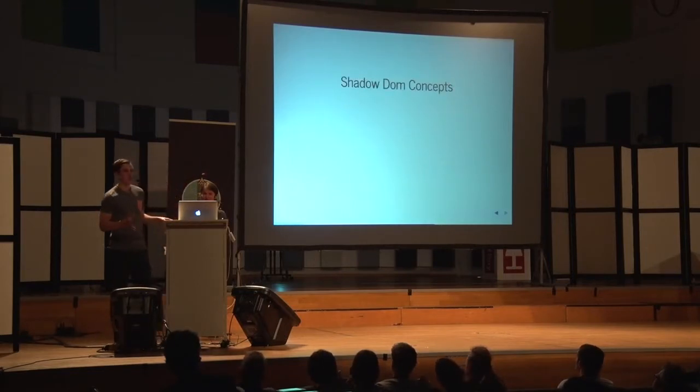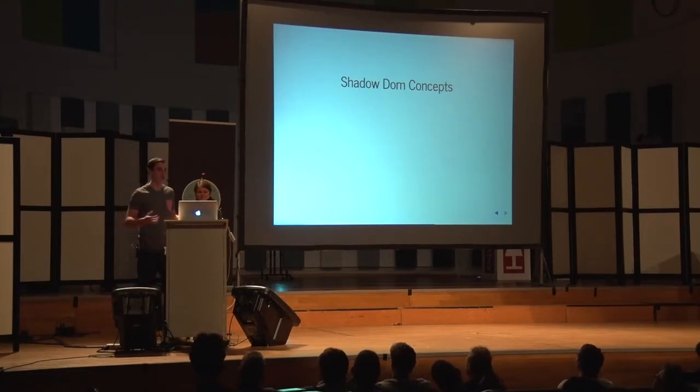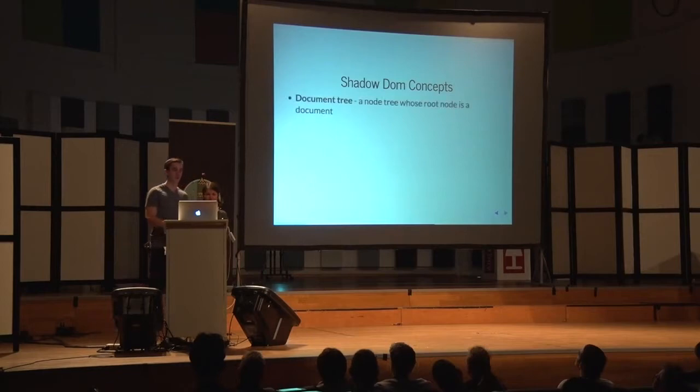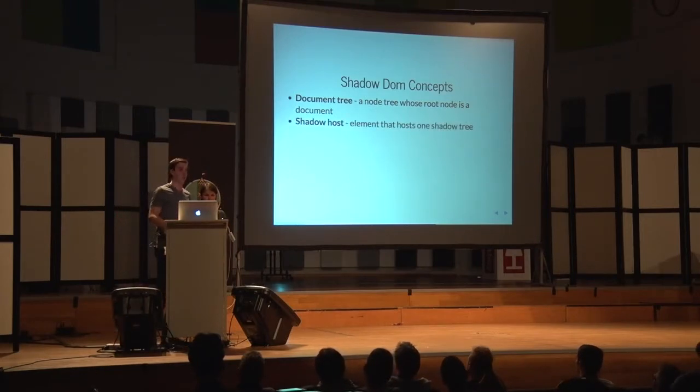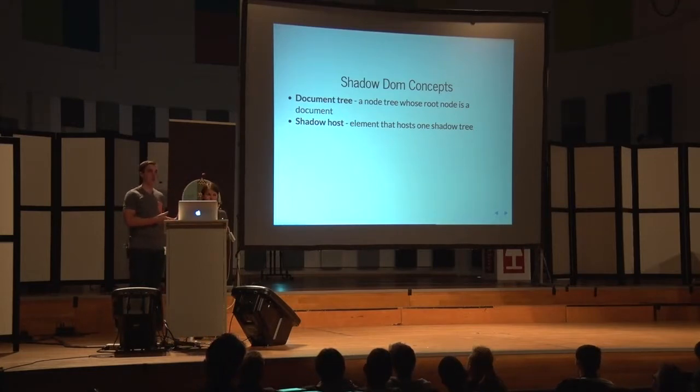Just a few concepts to see for the later explanations, because it's the hardest part to grasp. We have the document tree, which is the normal light tree, what I call it. It's basically a node tree whose root node is the document. So basically the normal DOM as you know it. Then we have the shadow host. The shadow host lives inside the document tree.